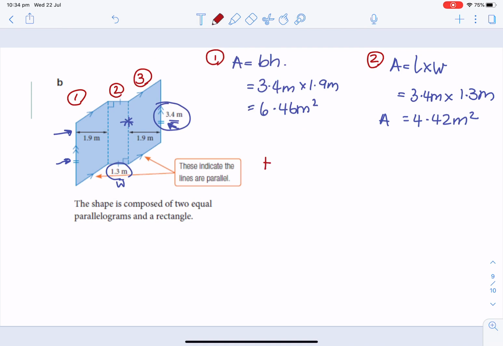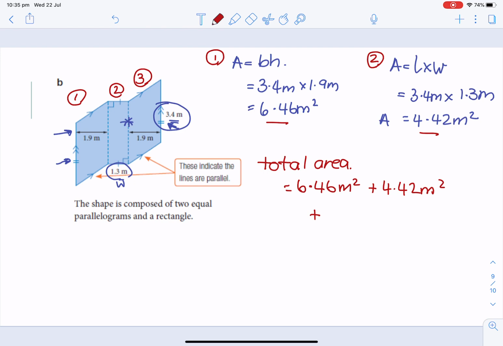Change back again. My total area is equal to area number 1 of 6.46 meters squared. Then I'm going to add on area number 2, which is 4.42 meters squared. Then I'm going to add area number 3.